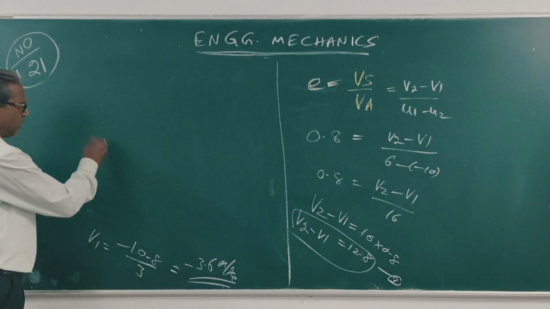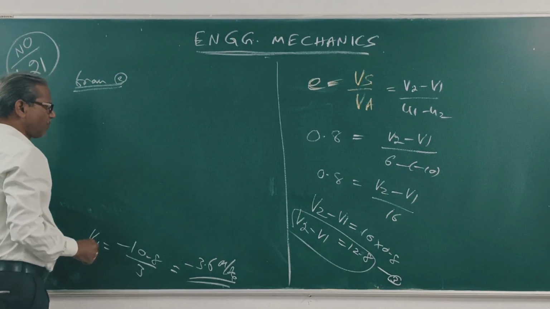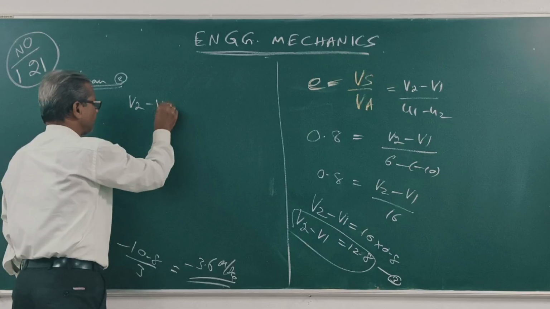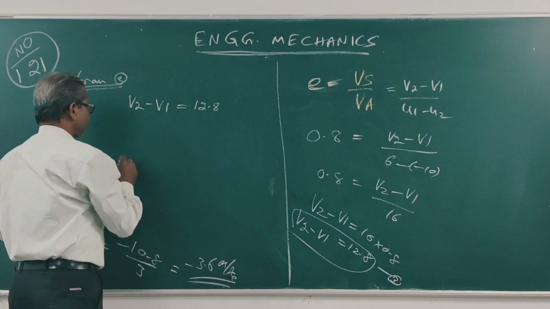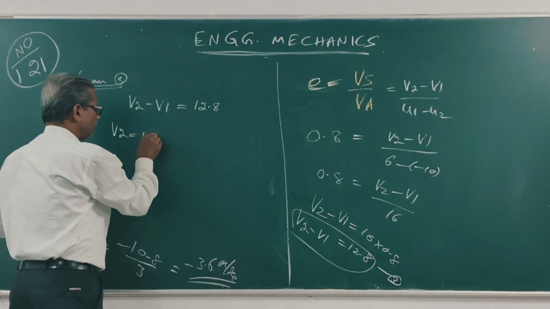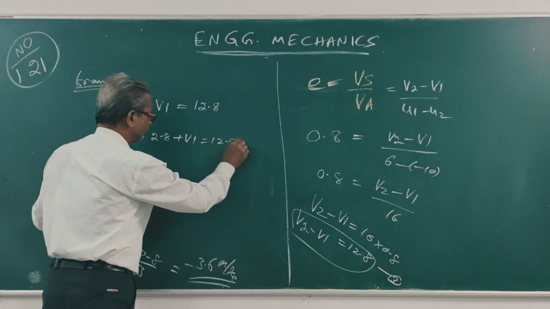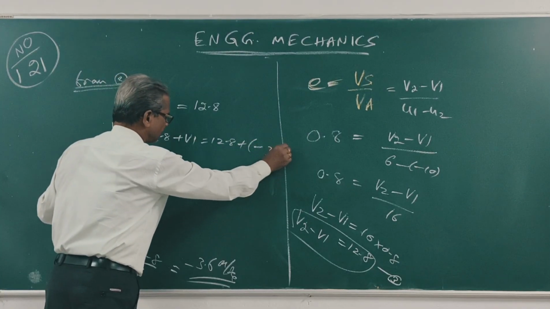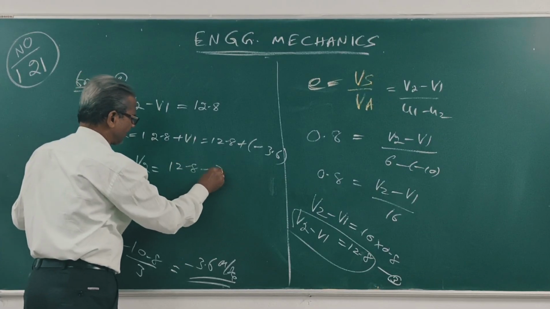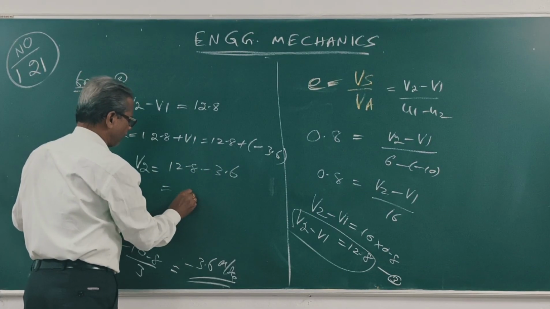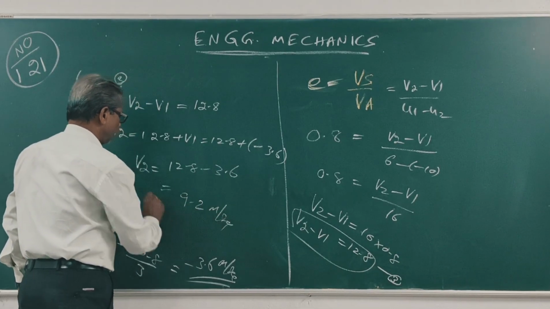Now from equation 3, B2 minus B1 is equal to 12.8. Clear? What is B2 equal to? 12.8 plus B1, so 12.8 minus 3.6. So B2 is equal to 9.2.